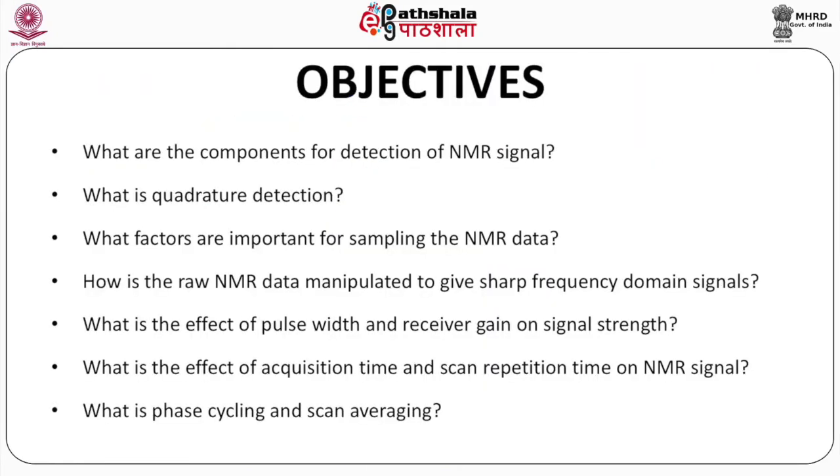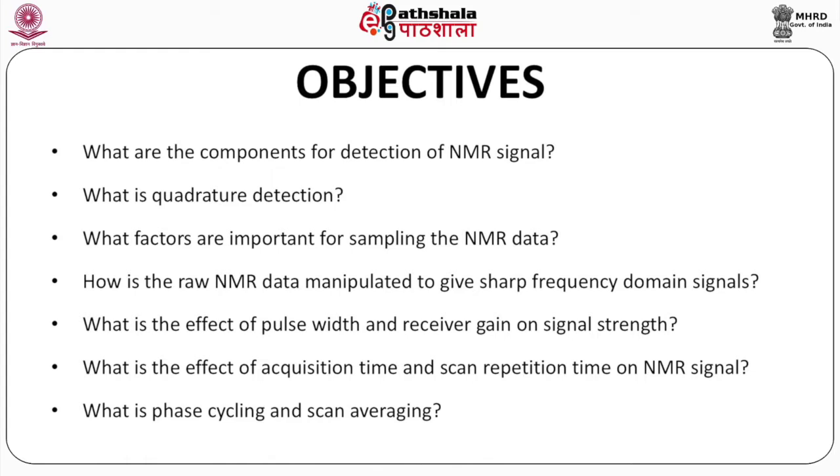The objectives are to present to you what are the components for detection of NMR signal. In the previous module, we have seen how we irradiate the sample, and now we will see how we detect the NMR signal. What is quadrature detection? We will try to understand it mathematically as well as in terms of the setup.